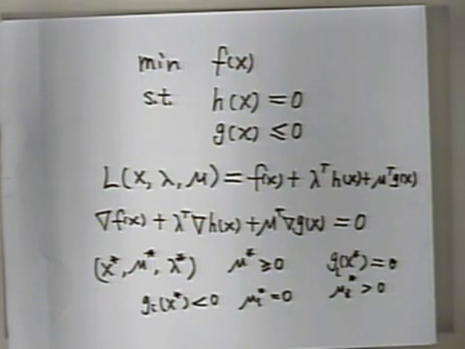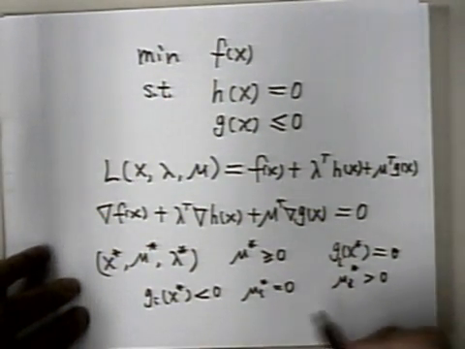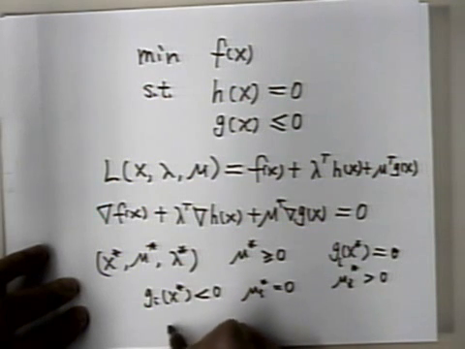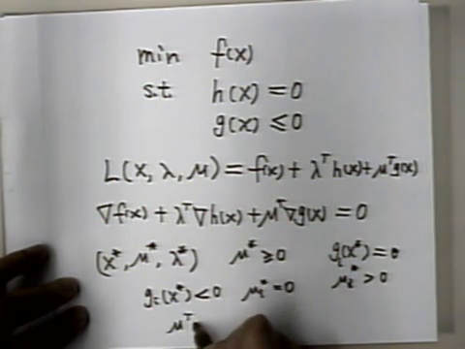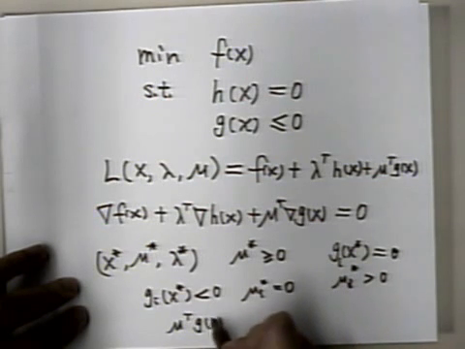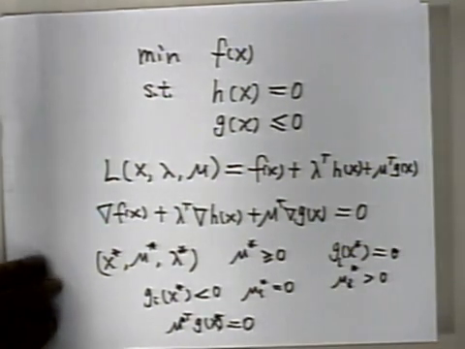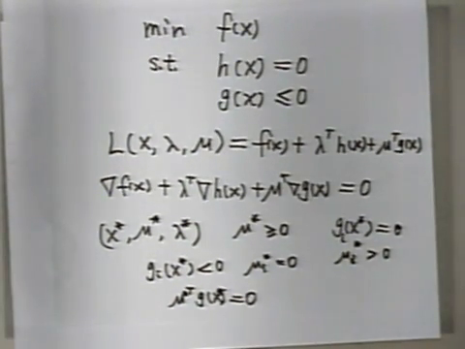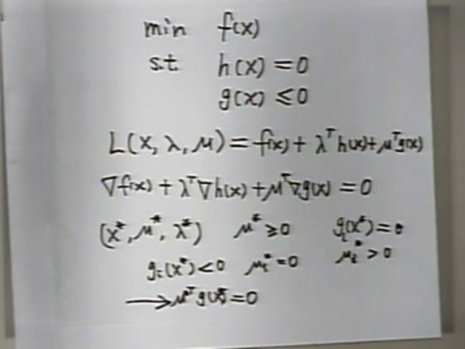And then in order to satisfy the inequality part, you have to check whether it's on the right side of the feasible region or not. So if you combine these two things together, you can write this mu transpose g of x, at this stationary point, to be 0. Okay, so that's basically the condition for inequality constraint.